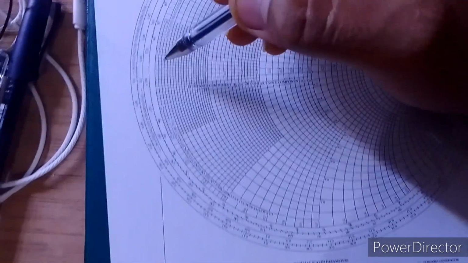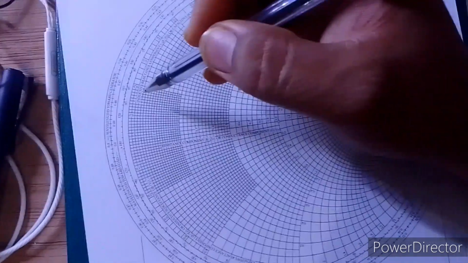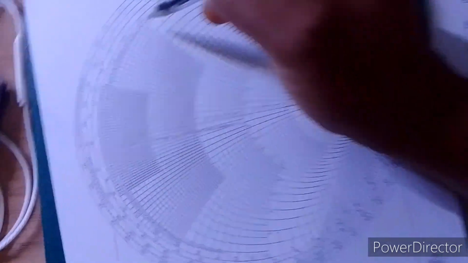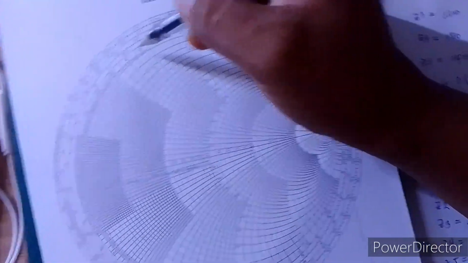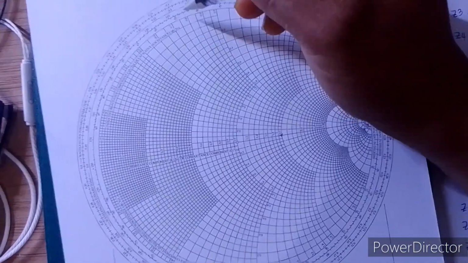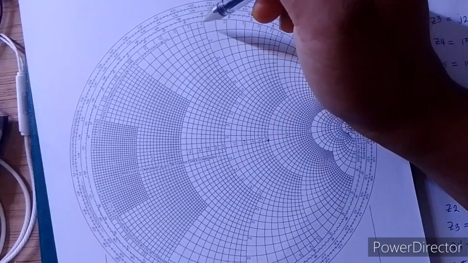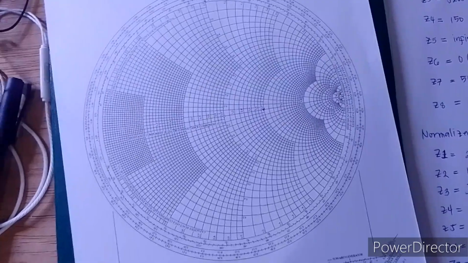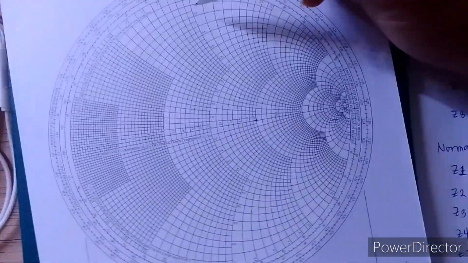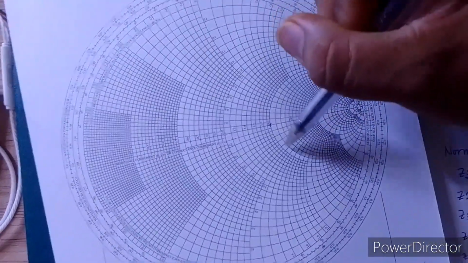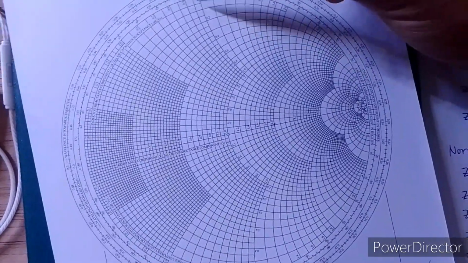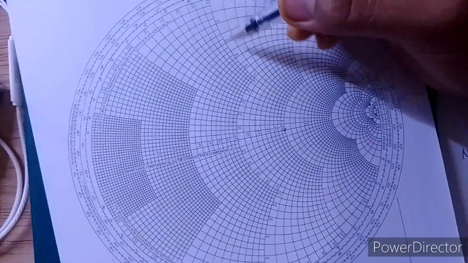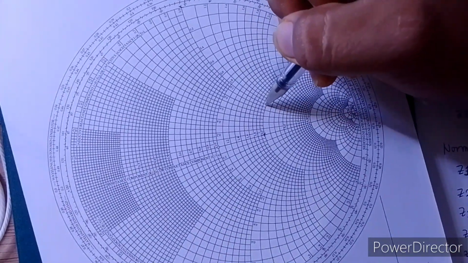We have 0.1, 0.2, 0.3, 0.4, 0.5, 0.6, 0.7, 0.8, 0.9, and we have now here the 1. So we're going to get the intersection of the circle and the intersection of this tangent circle. So it will be here, this one.